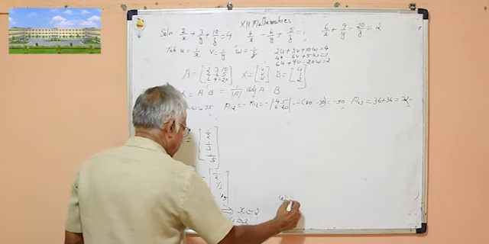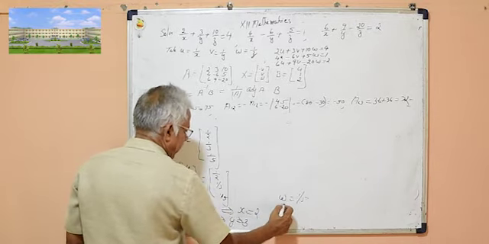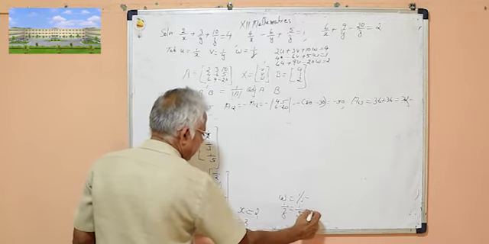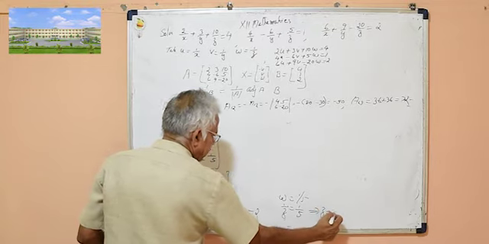Similarly w = 1/5 and 1/z = 1/5, which implies z = 5.